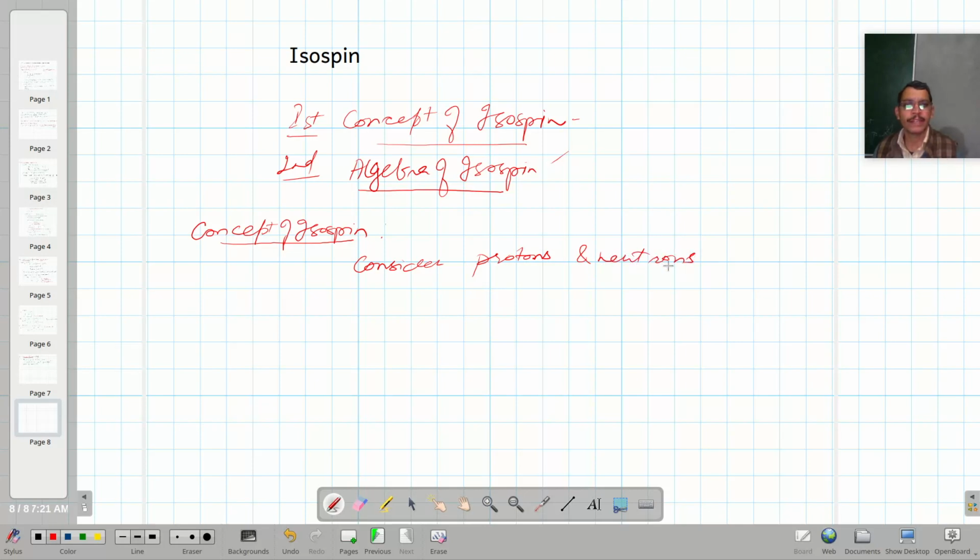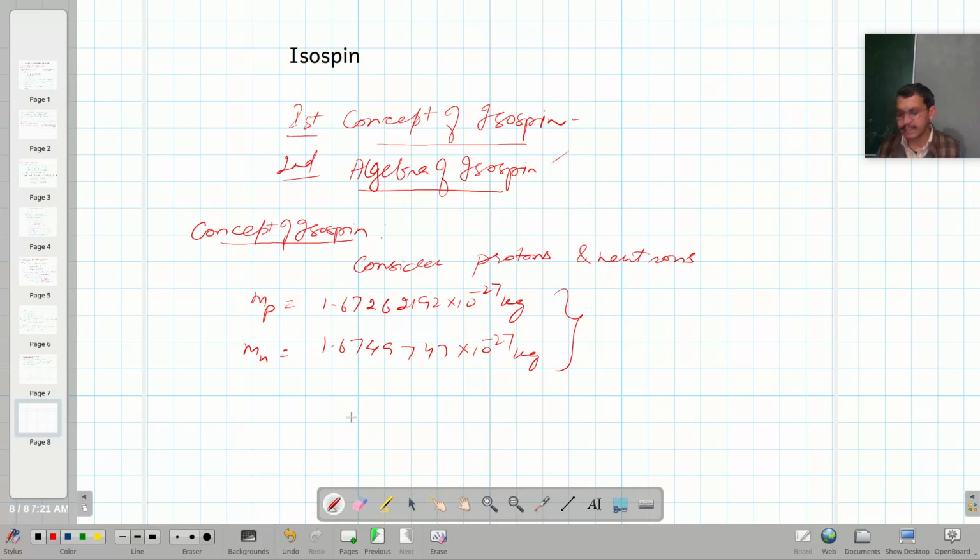Let us have a look at their masses. The mass of proton is equal to 1.67262192 into 10 raised to power minus 27 kg, whereas the mass of neutron can be written as 1.674947 into 10 raised to power minus 27 kg. So these are their masses and they are slightly different.